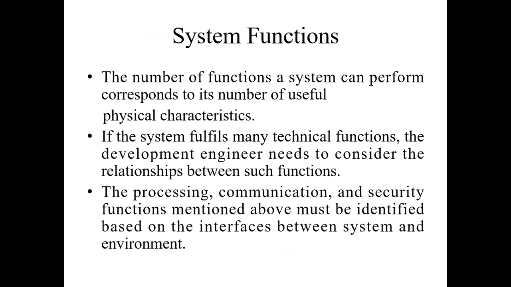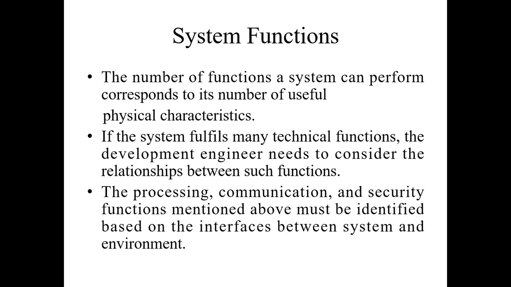Now we will talk about system functions also. Here also it has three layers. How the system performs a number of functions or operations depends on its capability and its number of useful characteristics.